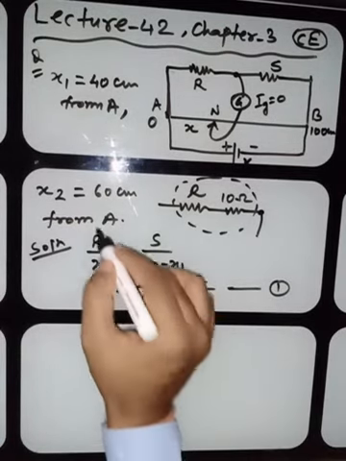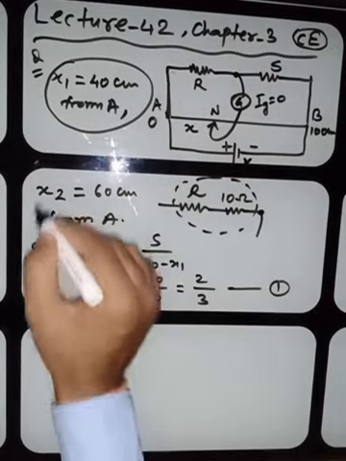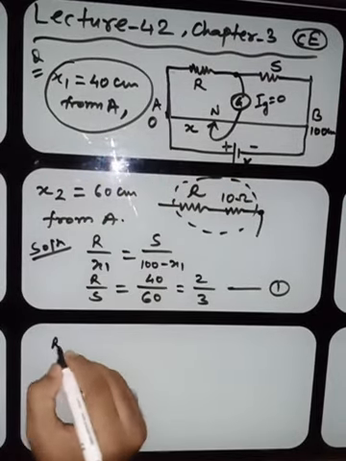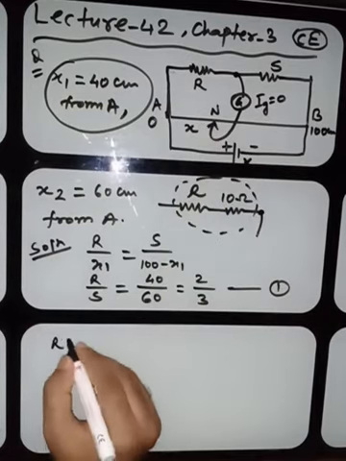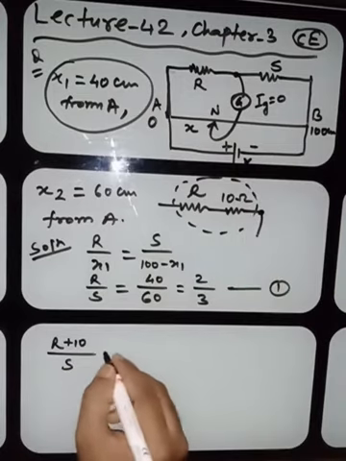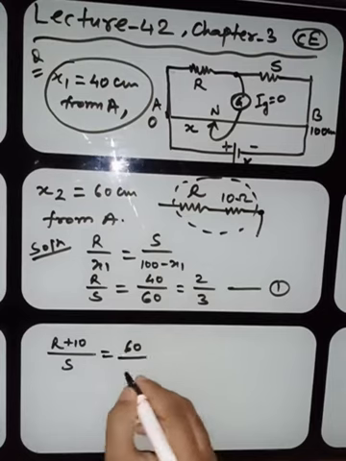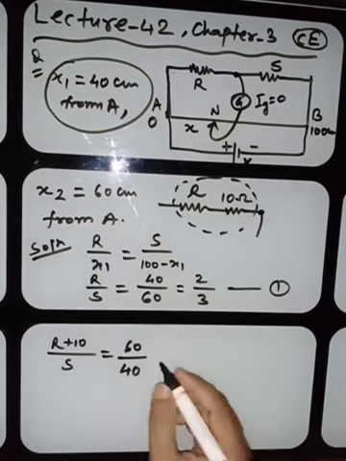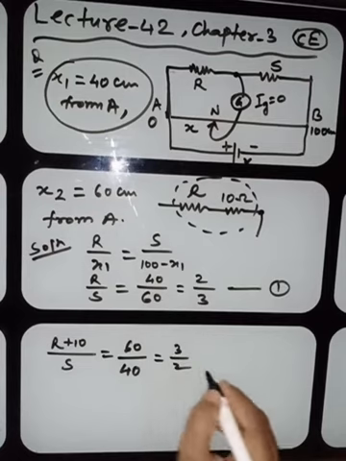Now the second statement; the first statement we have done. If we use a resistor in series, then what will be the resistance? It is R plus 10 divided by S. Now the new balance length is 60, so it is 60 divided by 40, that is 3 by 2.